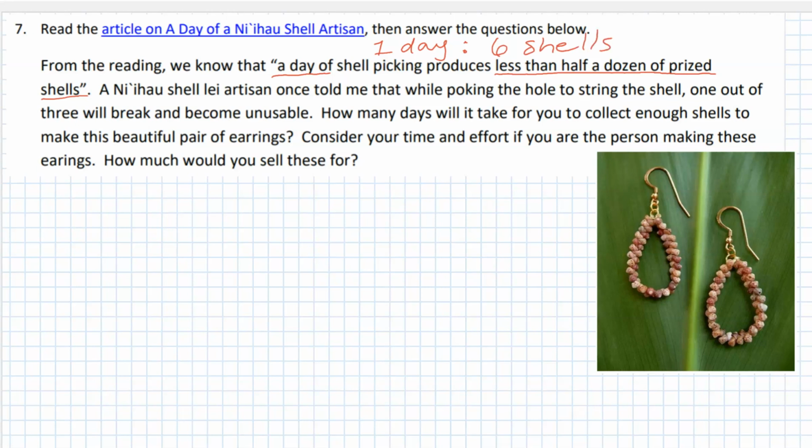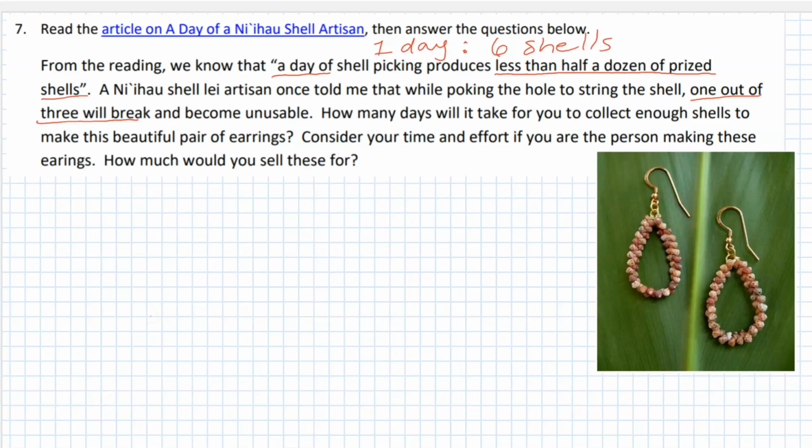And then while stringing, well, 1 day you can only use 6 of the shells that are really good to put in the earring. Now, while stringing, 1 out of 3 will break. Well, if 1 out of 3 break, then that means 2 are good ones, right?